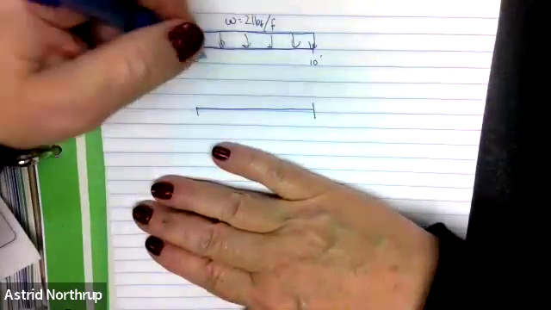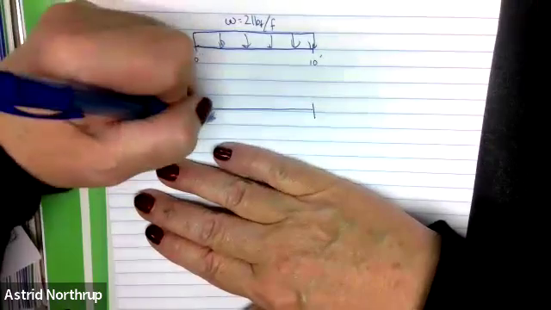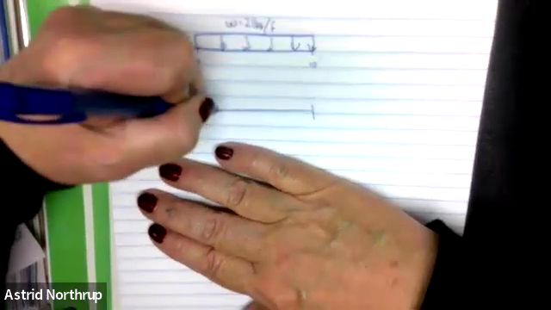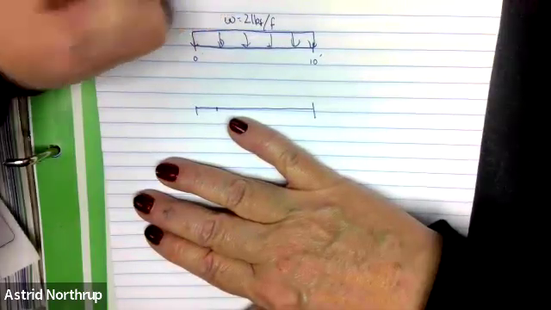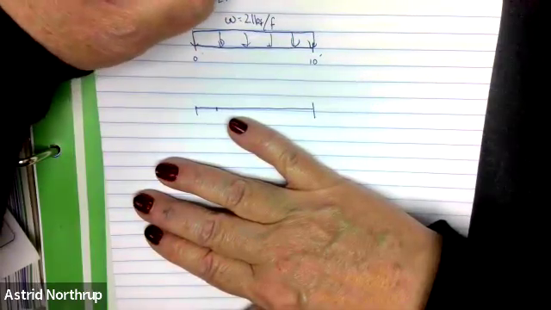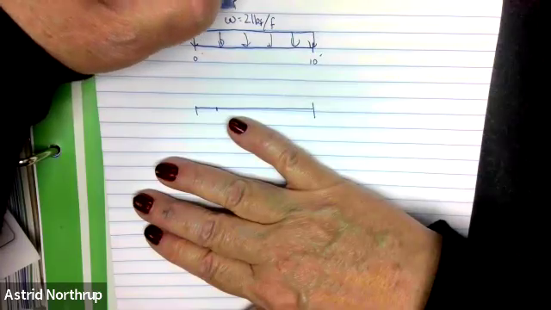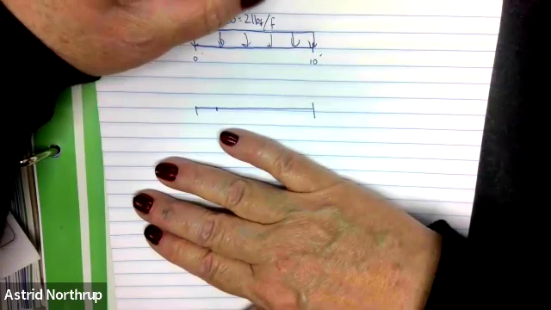okay, if we think about doing a cutaway, let's start here at 1 foot, okay? At 1 foot, the total load prior to that would be 2 times 1 foot, which would be 2 pounds.